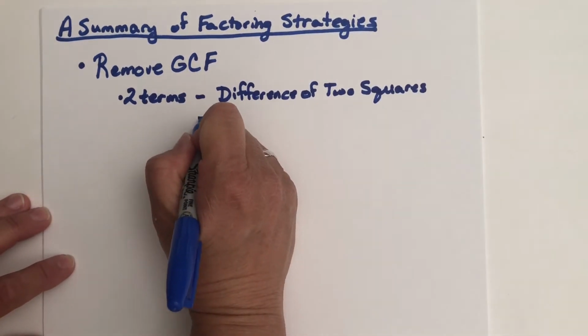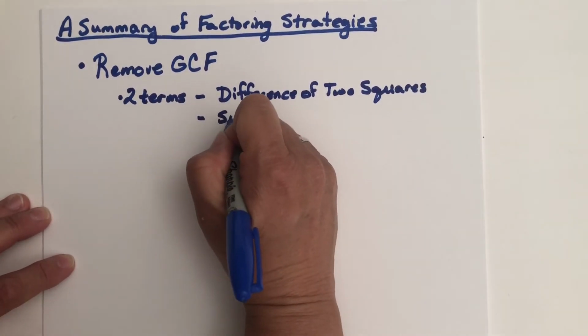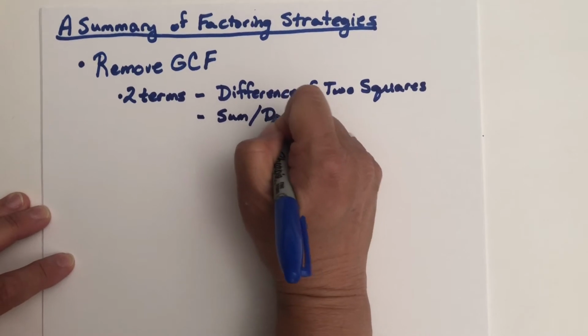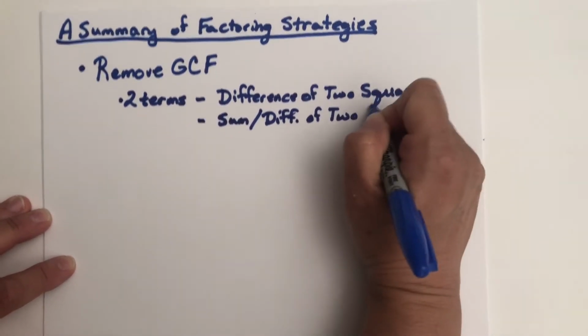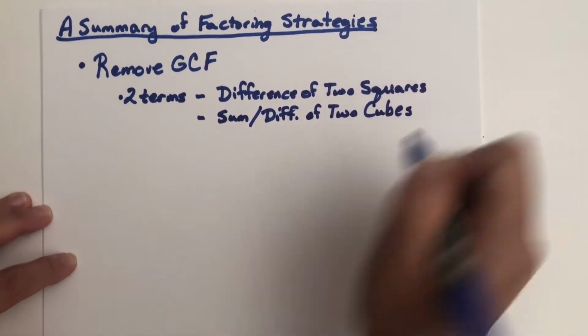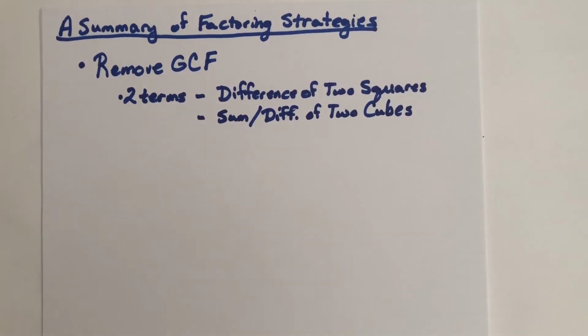You also will look to see if you have the sum or difference of 2 cubes. And you should have practiced the pattern that always appears when you have the sum or difference of 2 cubes.